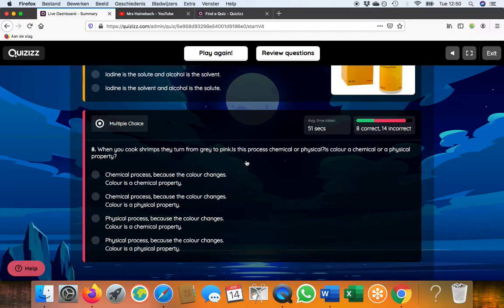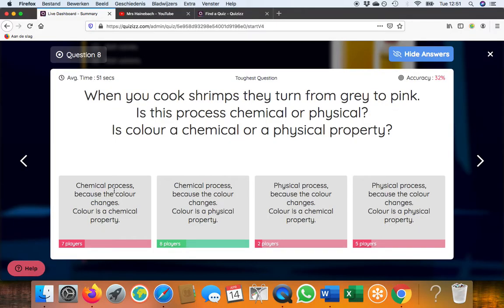Think of sugar. When you make caramel, it goes from white to brown. Cooking shrimps is a chemical process, and color is a chemical property.